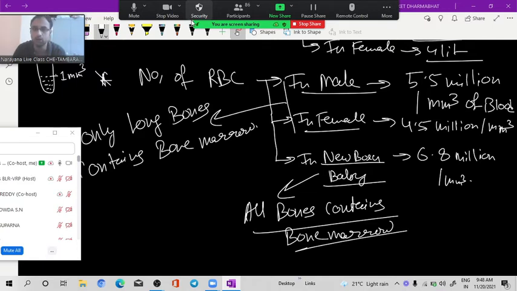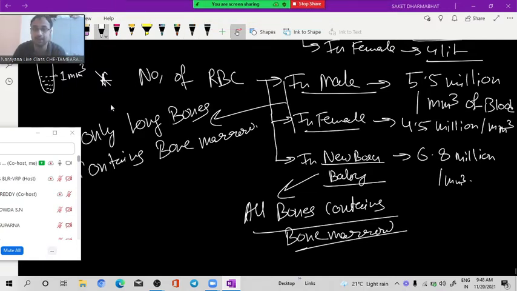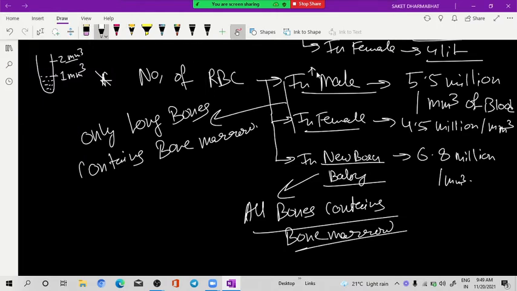And you know, the hemoglobin level in female is also less than male. In an adult male, the hemoglobin level is 12 to 15 gram per 100 ml of blood. But in the female, it is 11 to 14 gram per 100 ml of blood.